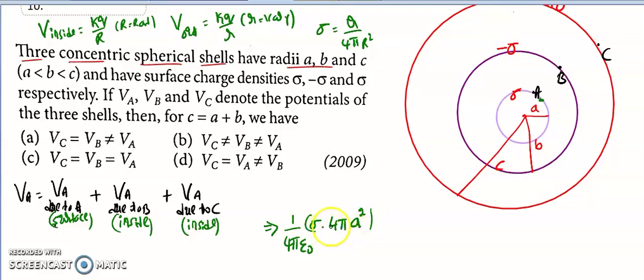KQ divided by R, and here the radius is A. Then potential at A due to B, that is minus.